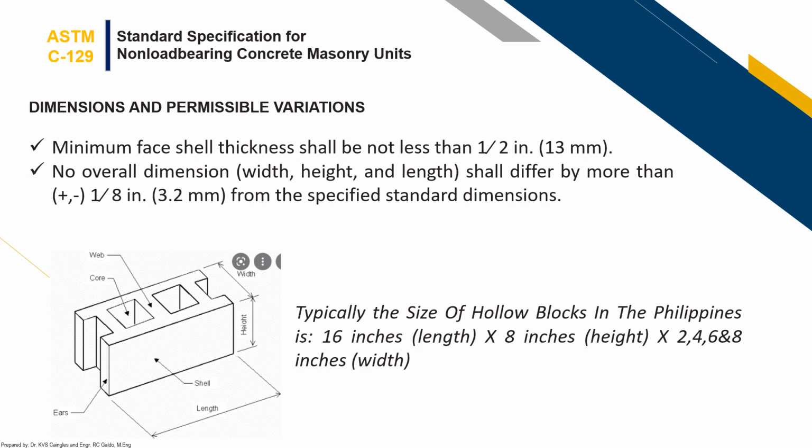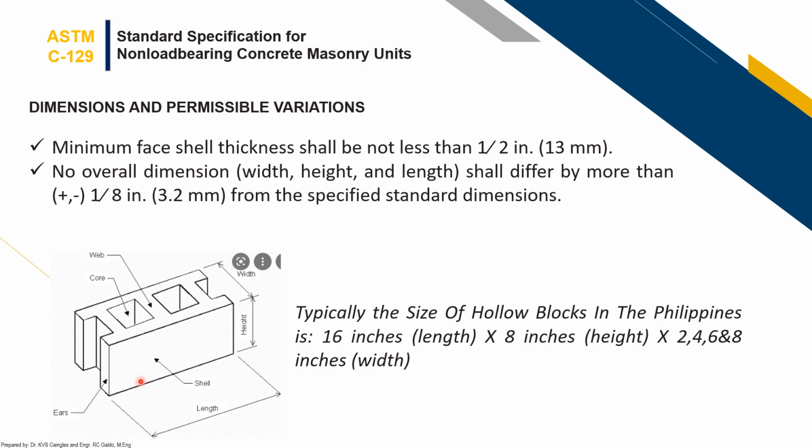So when we talk about non-load bearing CMU or concrete masonry units, the ones that we call specified standard dimensions are the dimensions provided by the manufacturers. Okay, so if you talk about non-load bearing CMU lang. Okay, and the typical size of concrete hollow blocks in the Philippines is 16 inches ang iyang length.